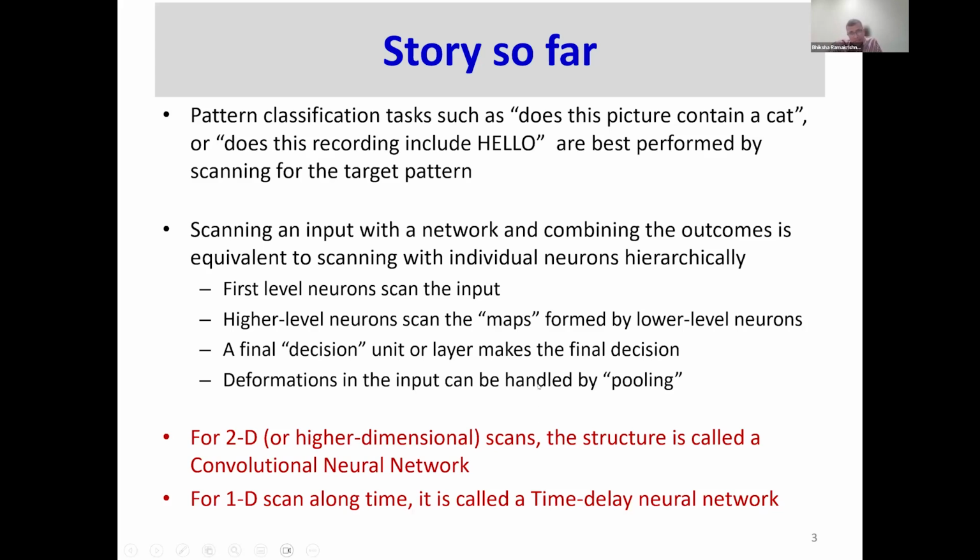And we saw that deformations in the input can be handled by pooling. For two-dimensional and higher scans, this structure is called a time delay convolutional neural network. For a 1D scan along time, it's a time delay neural network.